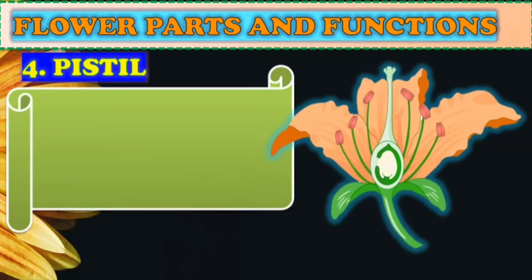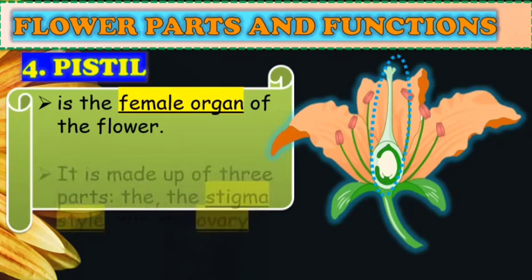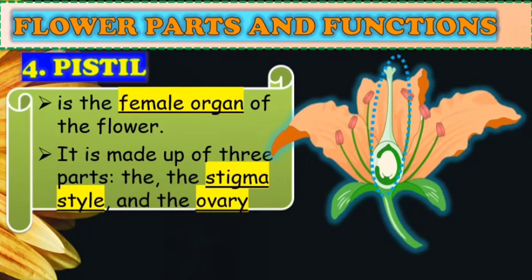Next, we have the pistil. The pistil is the female organ of the flower. It is made up of 3 parts: the stigma, the style, and the ovary. Let's take a closer look at this pistil.